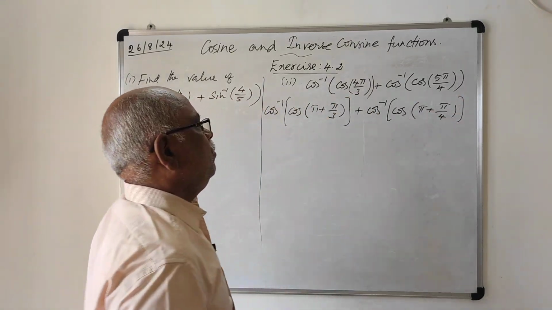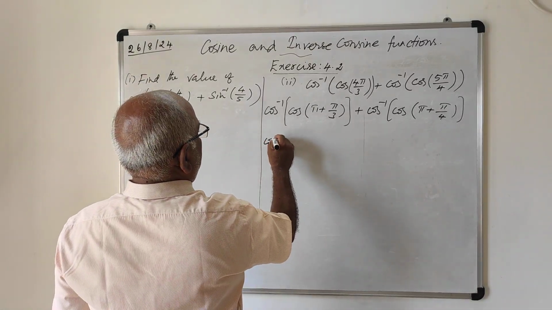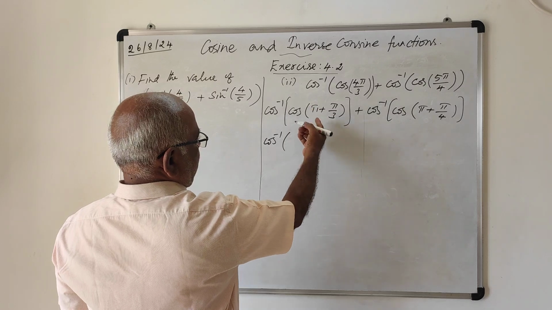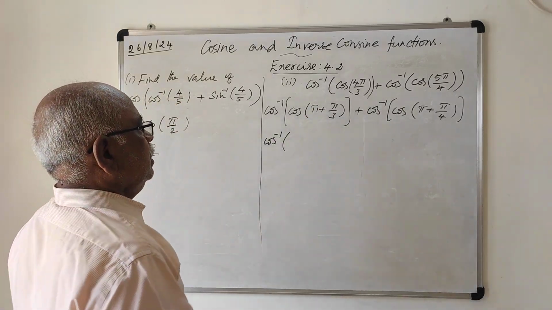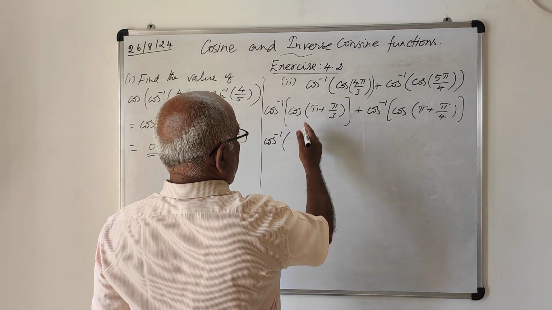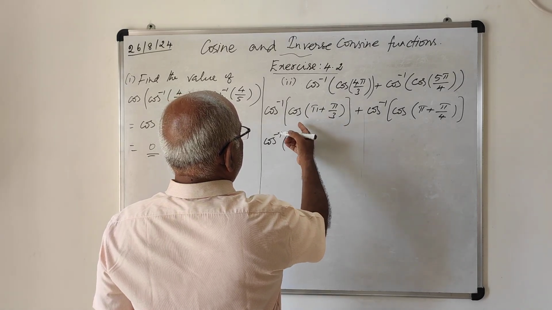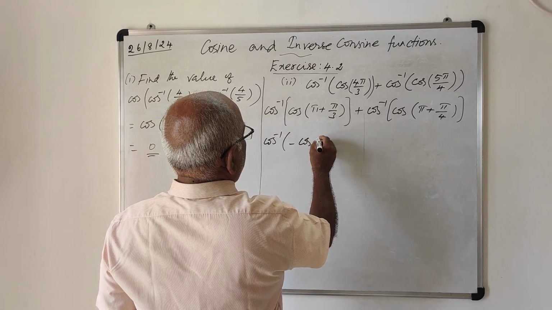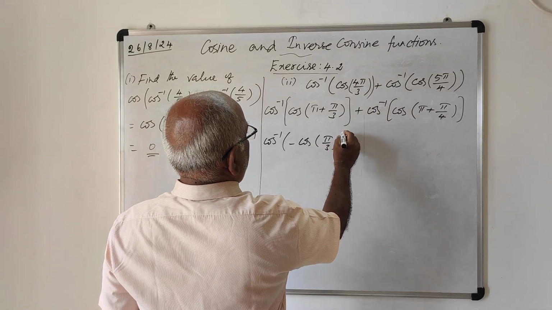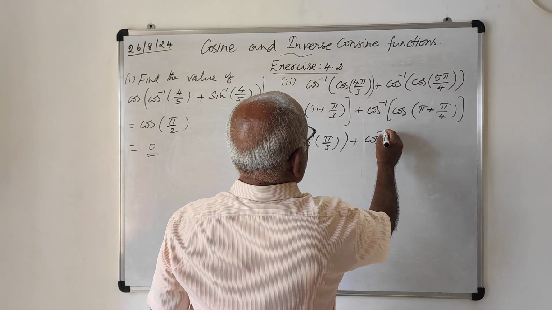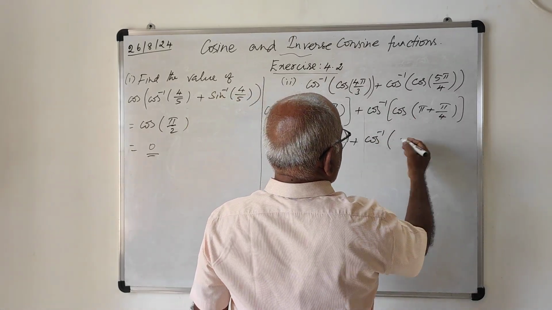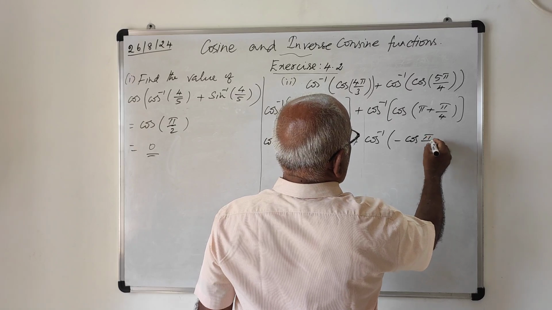For pi plus an angle, it is the third quadrant, where cos is negative. Therefore this is minus cos pi by 3. Similarly, it is minus cos pi by 4.